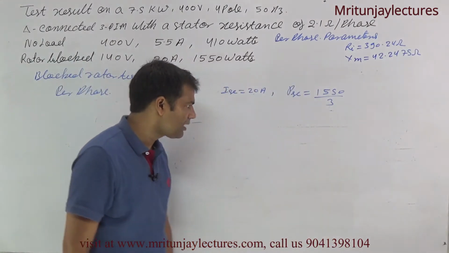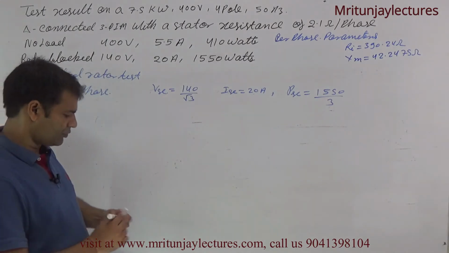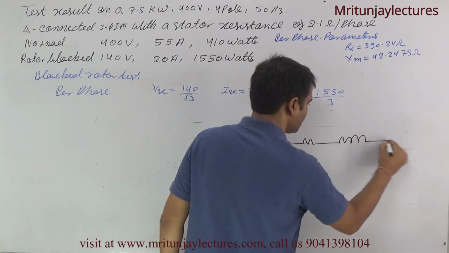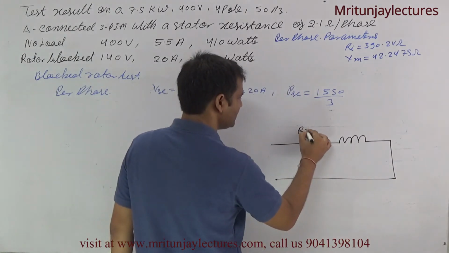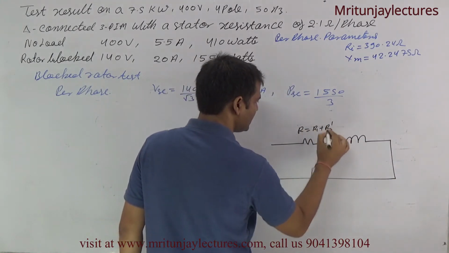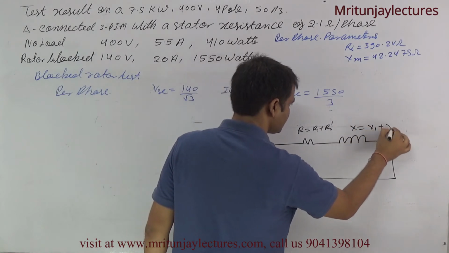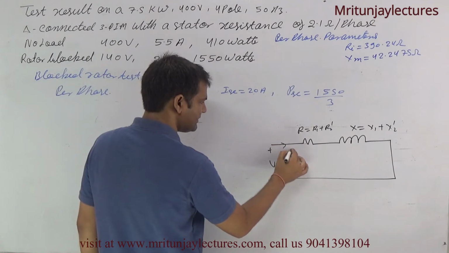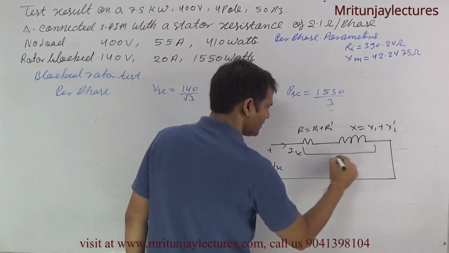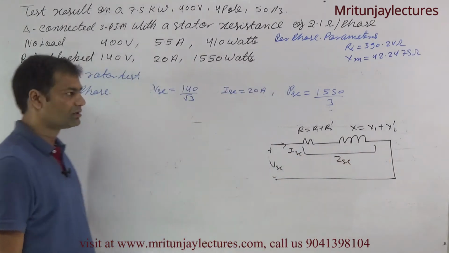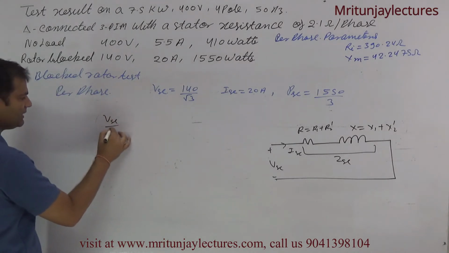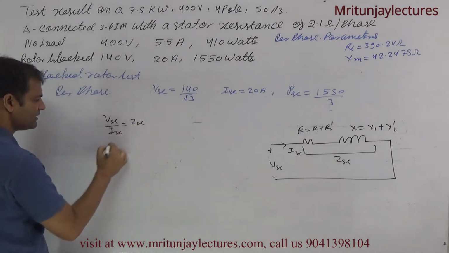Now our motto is to focus on R, that is R1 plus R2 dash, and X, which is equal to X1 plus X2 dash. That is VSC, and that is ISC, that is ZSC. VSC divided by ISC in magnitude is ZSC.